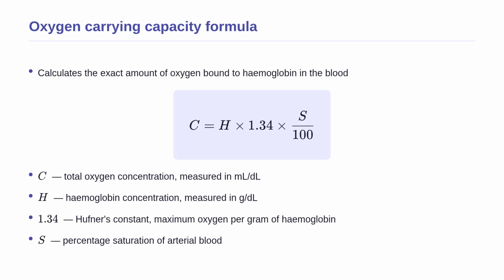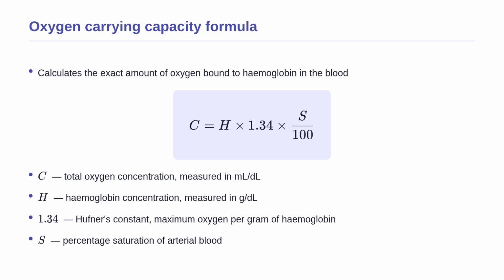To truly understand how hemoglobin sustains life, we must look at how doctors calculate the exact amount of oxygen in the blood. This brings us to the oxygen carrying capacity formula. C equals H times 1.34 times S over 100. Let us break this down. C is the total concentration of bound oxygen.